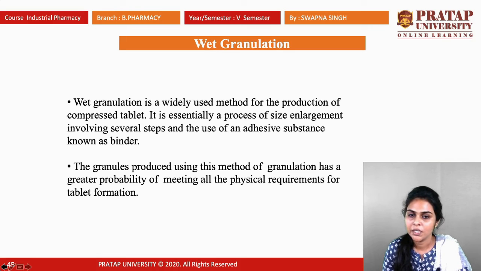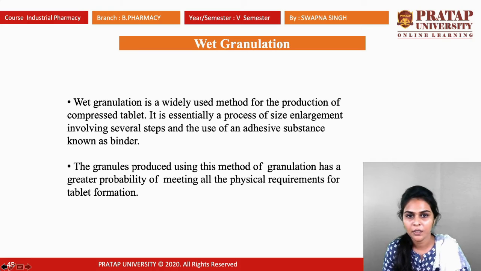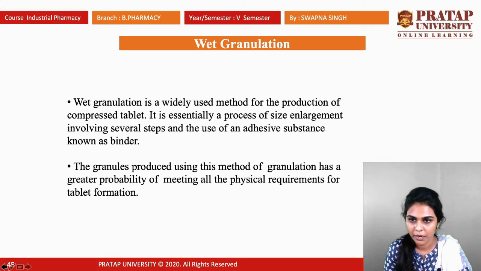It is essentially a process of size enlargement involving several steps and the use of an adhesive substance known as a binder. After size reduction, we use these adhesive substances, also known as binders.